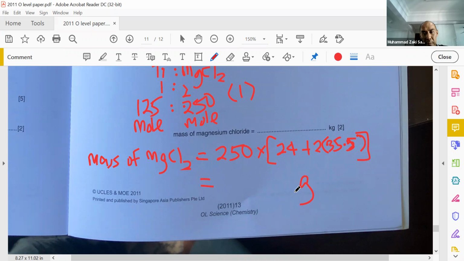The MR is 95, so the mass is 23,750 grams, or you can say 23.75 kilograms. So that's it.